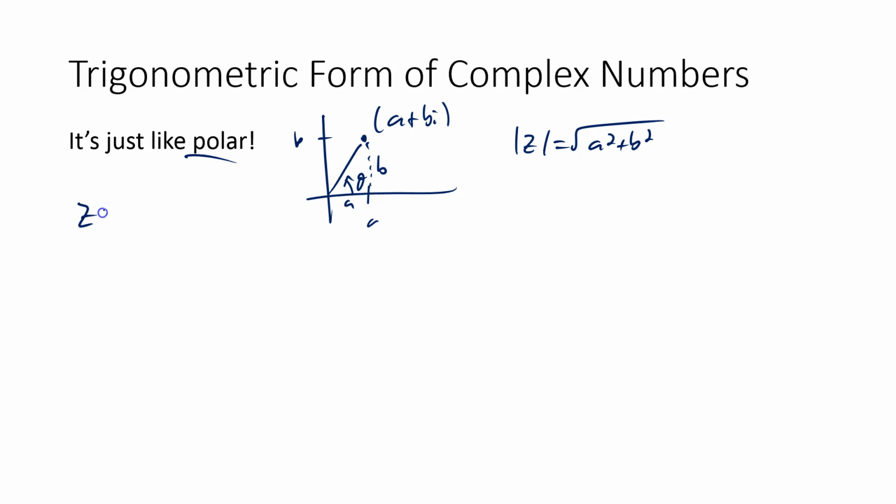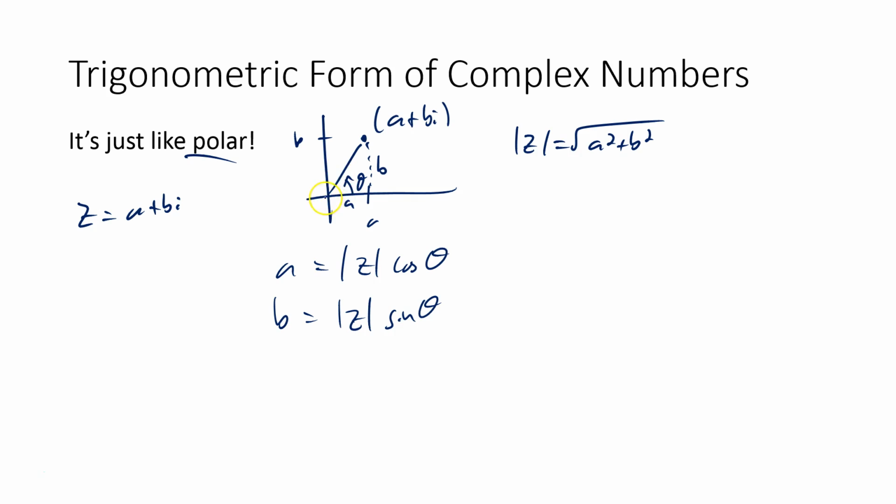So trigonometric form of a complex number. We know z can be written a plus bi. If we just think about a and b, a would be the modulus times cosine theta, so absolute z cosine theta, right? This is just like polar, or vectors for that matter. And b would be modulus z sine theta, okay?